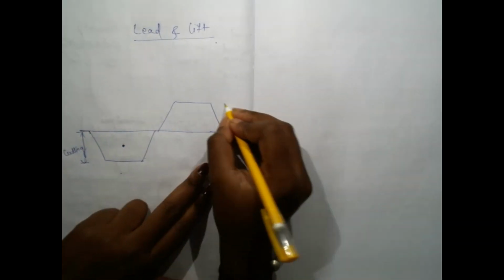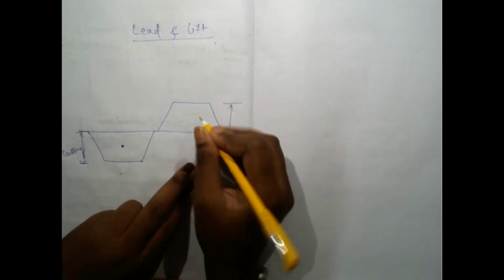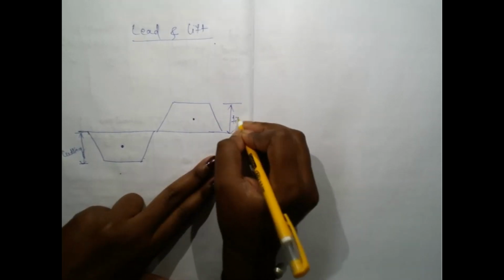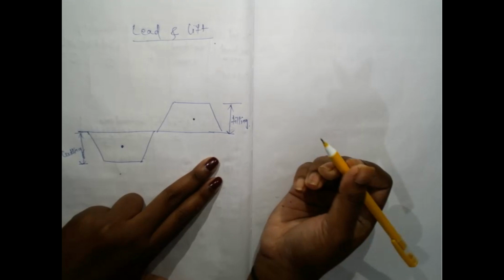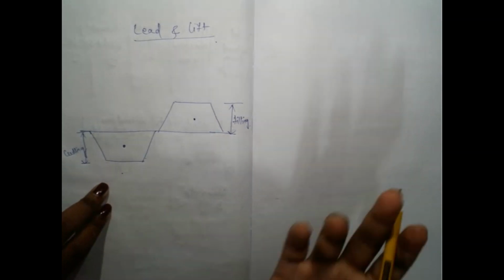Look, this is a trapezium section and it has a center in it. If we have a center in the cutting section, then we have a center in the filling section also.